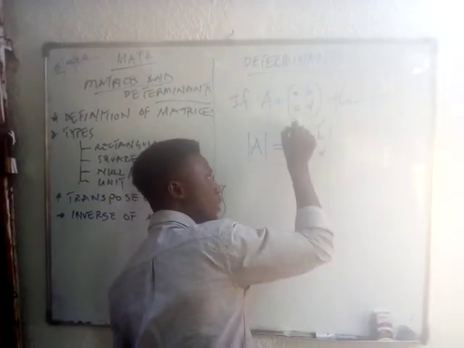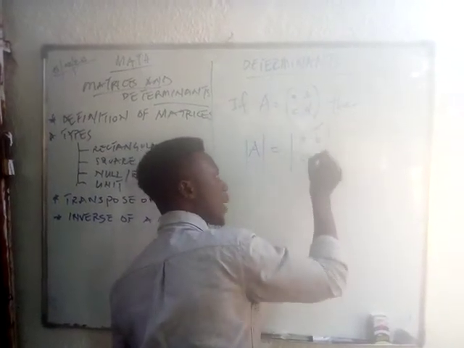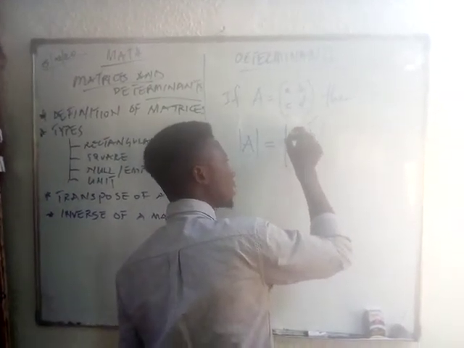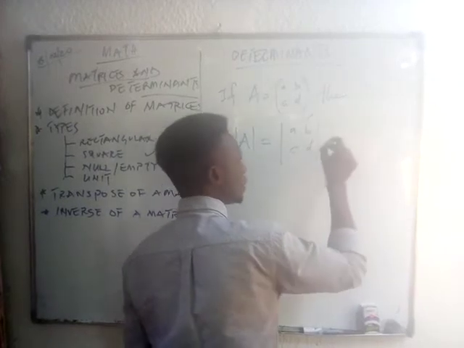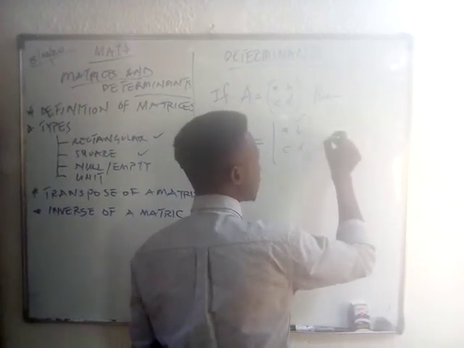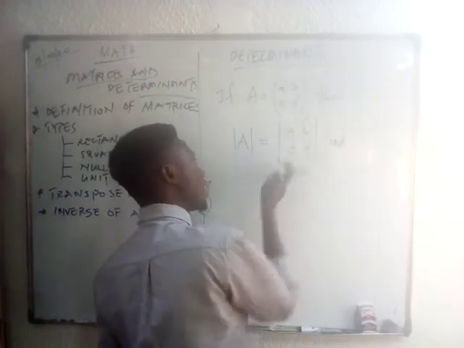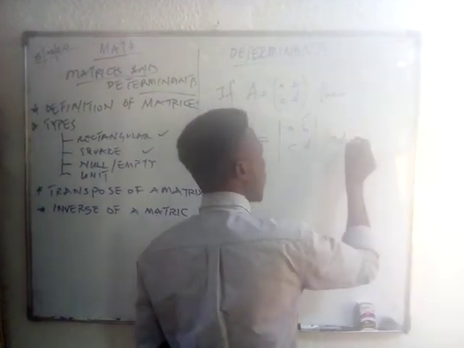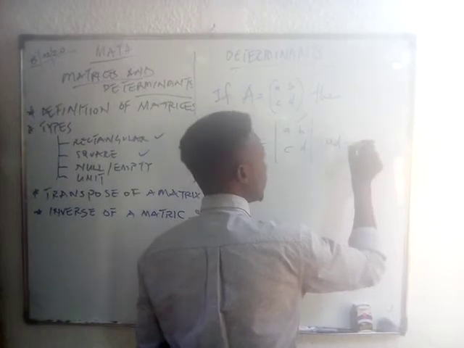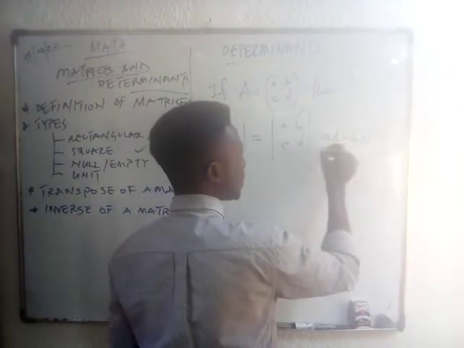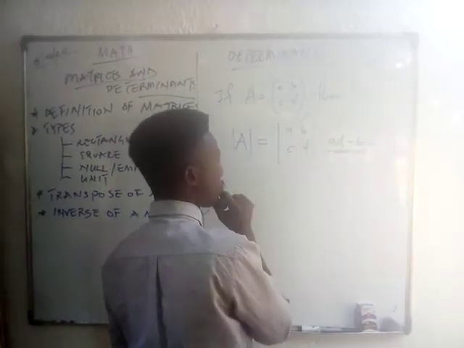The first one, which is upper left to lower right, you multiply the element here by here. You have A times D. Then, when you are coming here, that's to be minus B times C. That's all for the determinant of A.